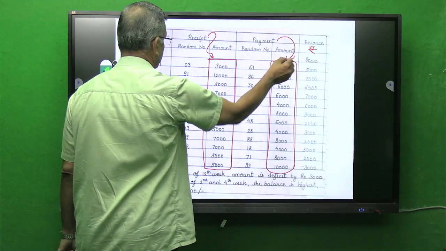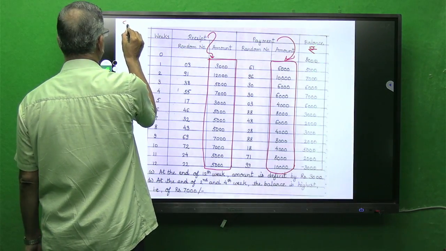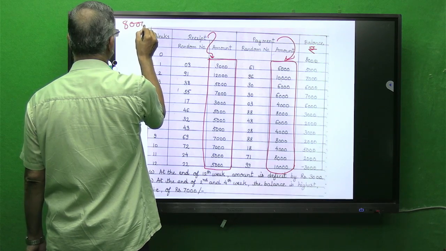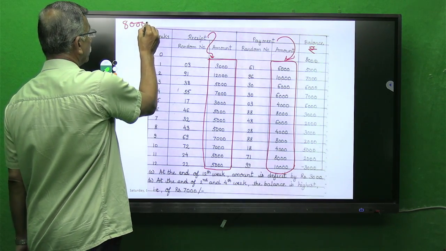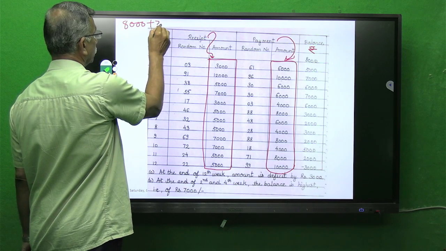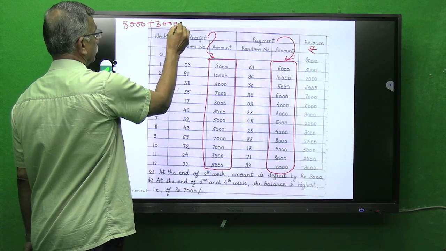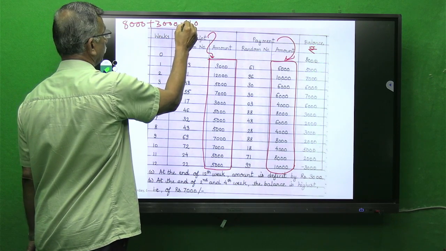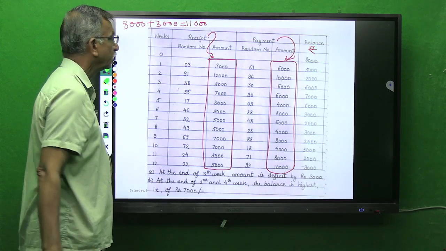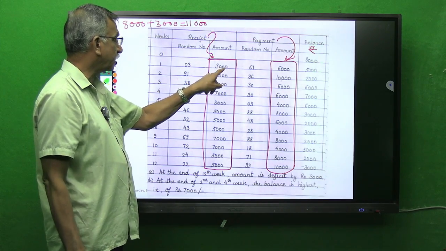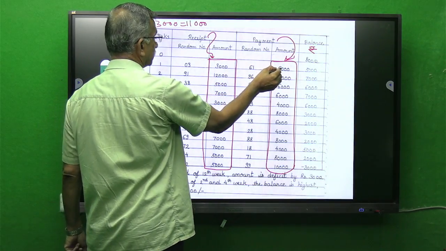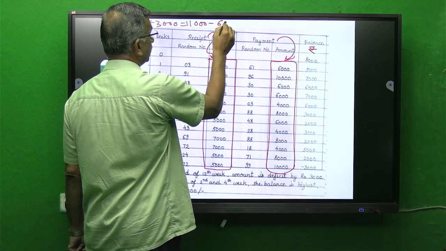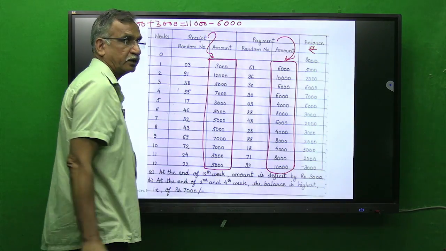So see, first your opening balance was 8,000. You have received 3,000. So your total became 11,000 at this point. Of this, you paid 6,000. Therefore you have to subtract.